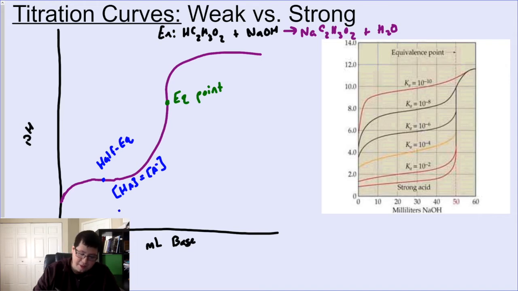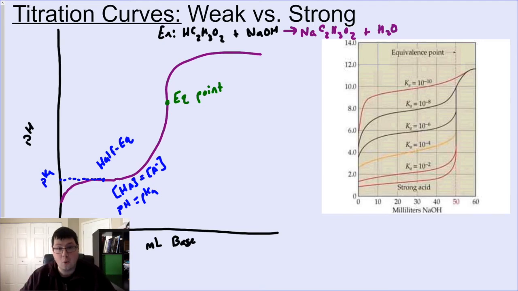That means that this pH right here, if we drew a line over there, is equal to the pKa of that weak acid. And so using a titration curve, we can easily see the pKa of a weak acid, because that's going to be right where it levels off during that curve before it slopes up to its equivalence point.